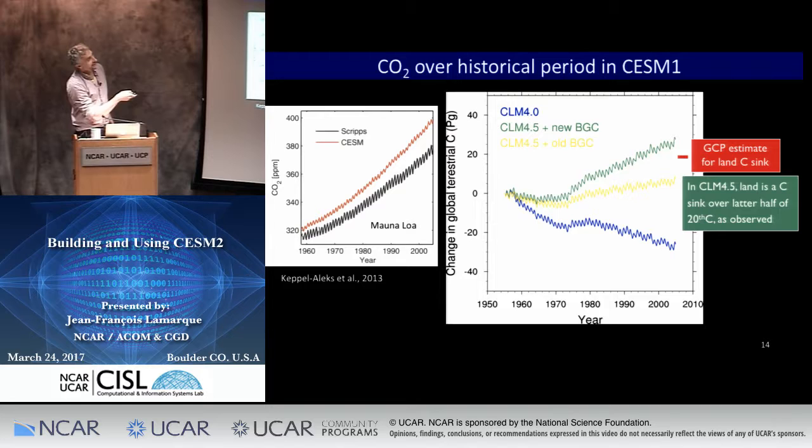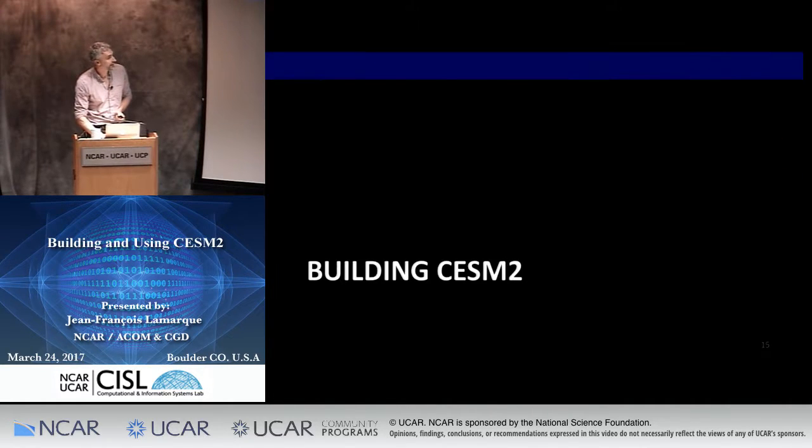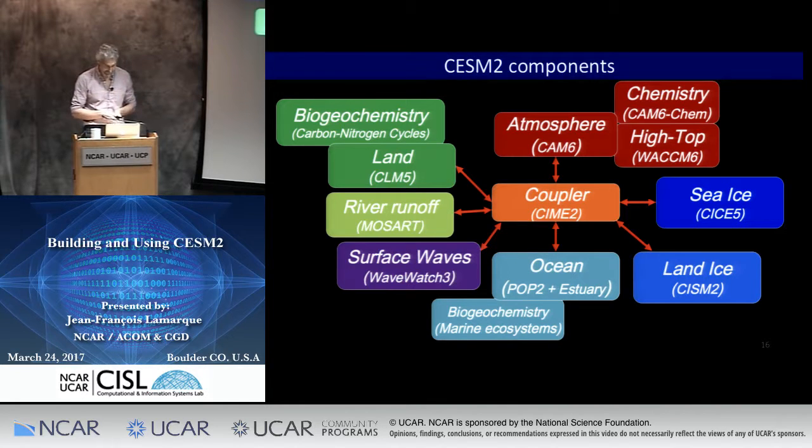So then people are like, okay, what is wrong? And in this case, a big chunk of this was the representation of the carbon cycle in it, but mostly its interaction with the nitrogen cycle and how those affect the way plants can uptake CO2. So with all that and many other aspects, we've built CESM2.